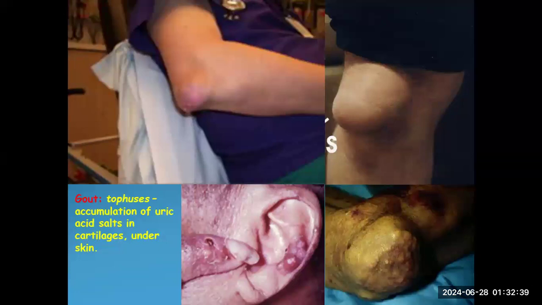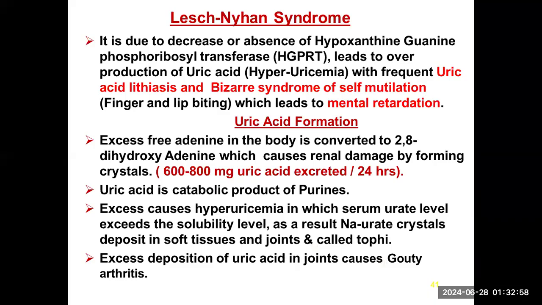Gout, tophi: accumulation of uric acid salts in cartilage under the skin. You can see the deposition right here.